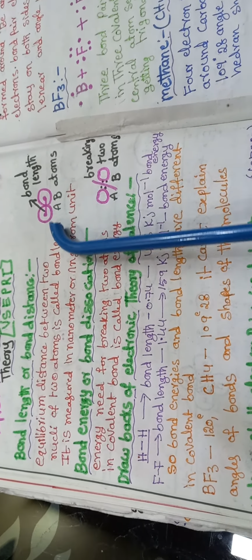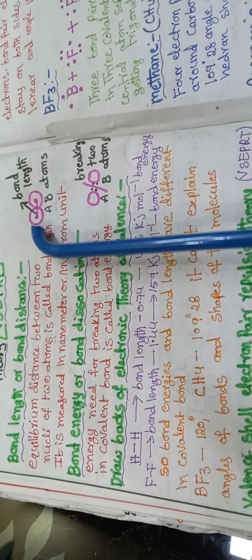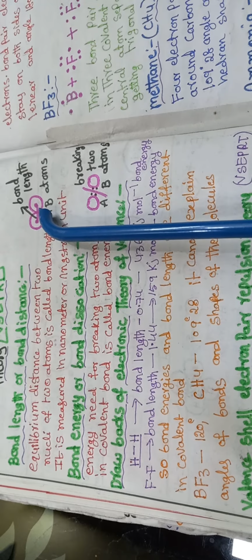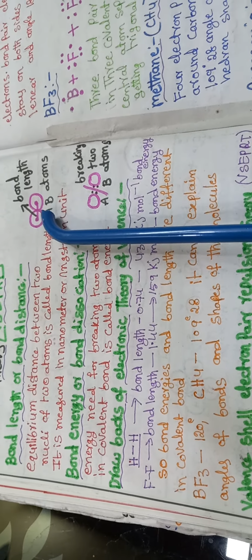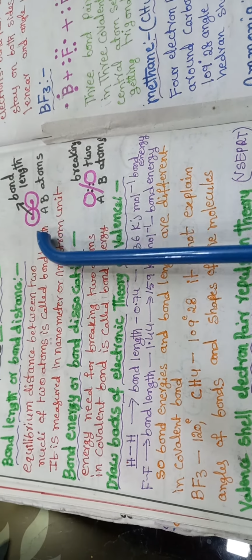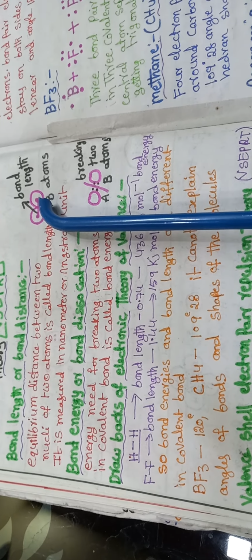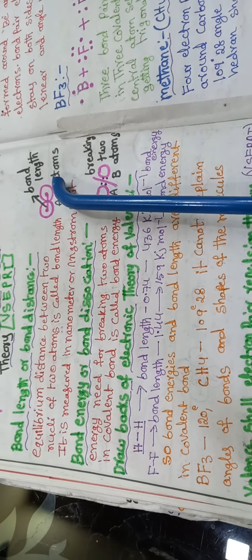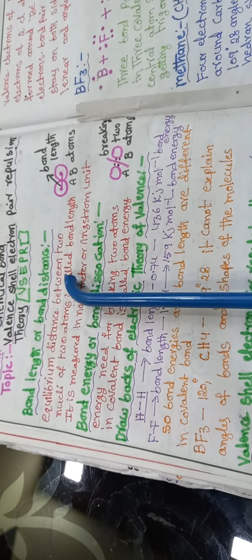For example, here A and B, two kinds of atoms, come together. When we measure the distance between the two nuclei of the atoms, this distance is called bond length or bond distance.